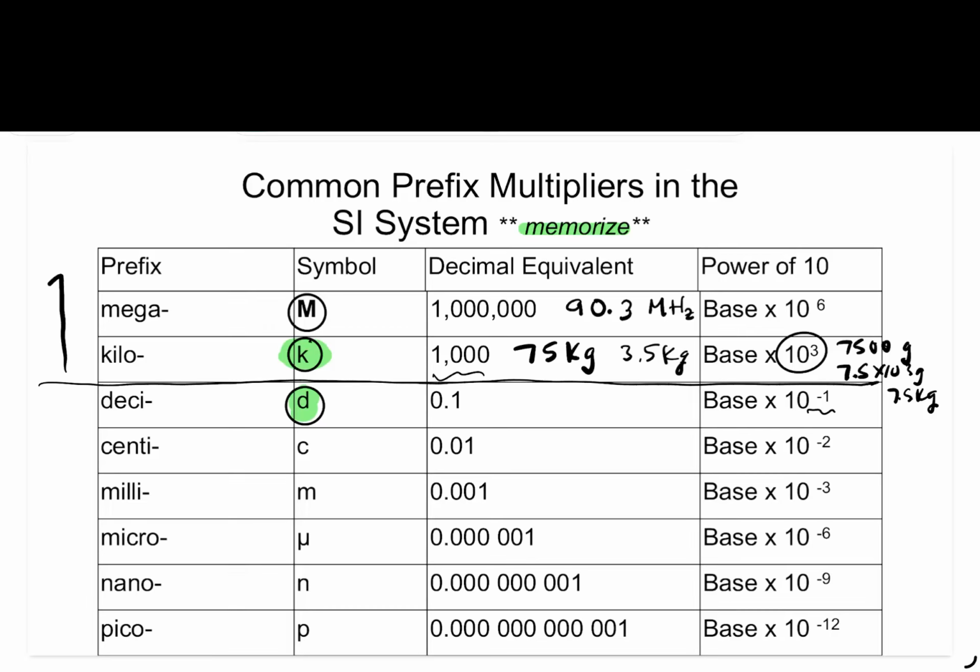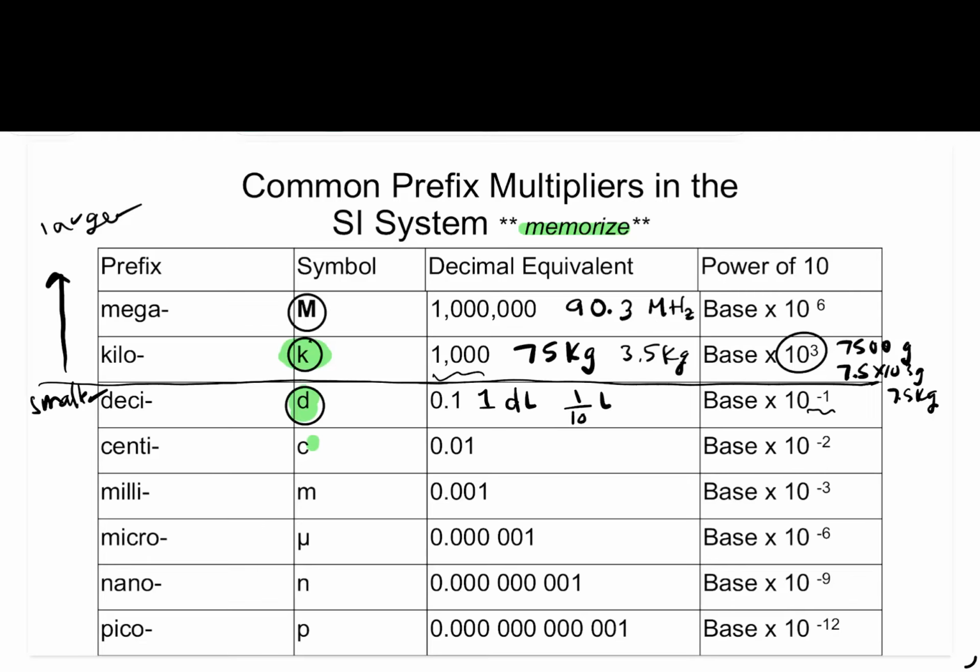So these above here are larger and these below are smaller. You'll often see deciliters as a dosing value, 1/10 of a liter. So maybe you're supposed to give someone 1 deciliter, which is 1/10 or 0.1 of a liter.